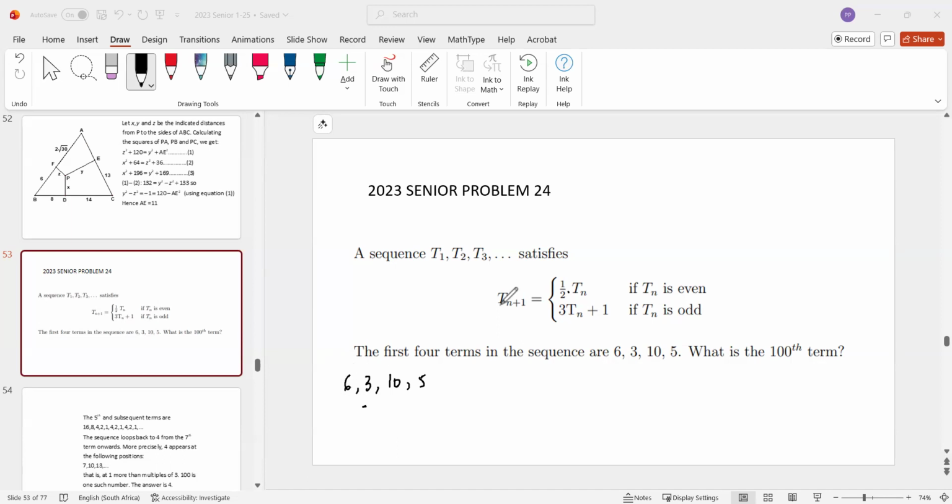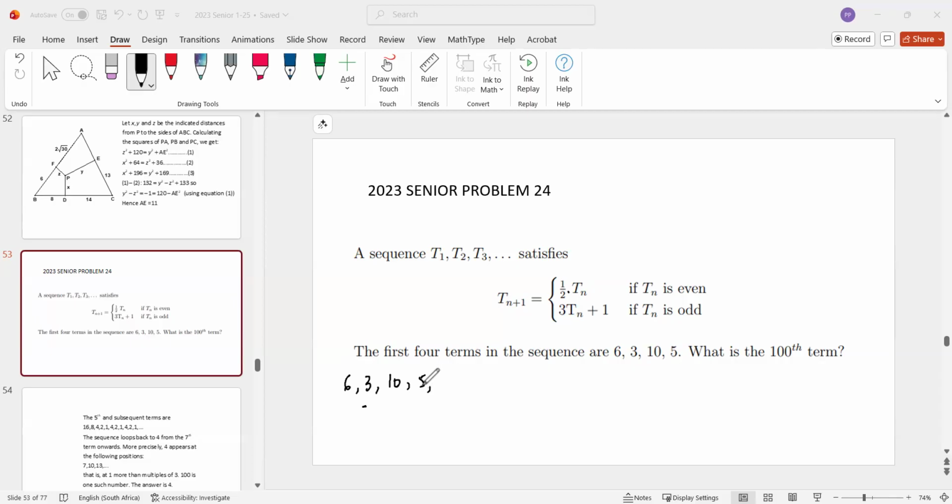The previous one is even, that's your Tn, so the next term is half of that, 3. Now this term is odd, so the next term will be 3 times that plus 1. So it's 3 times 3 is 9 plus 1, which is 10. Now this is even, so the next one will be 5.